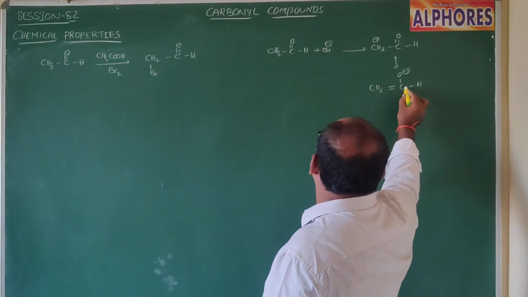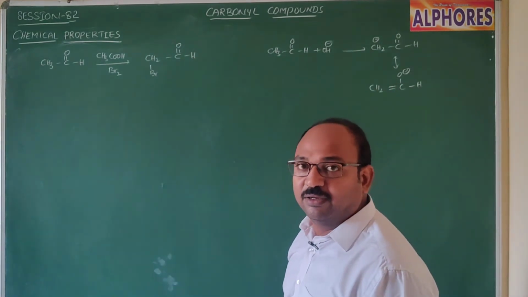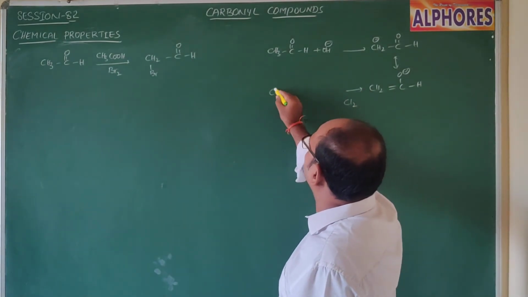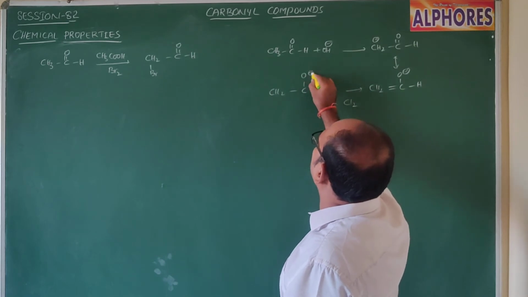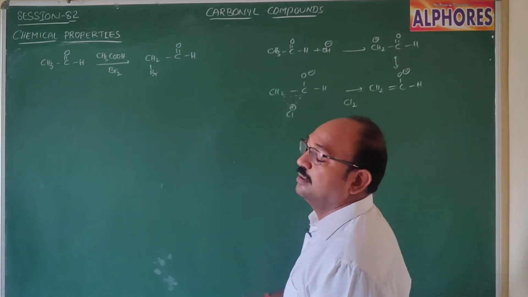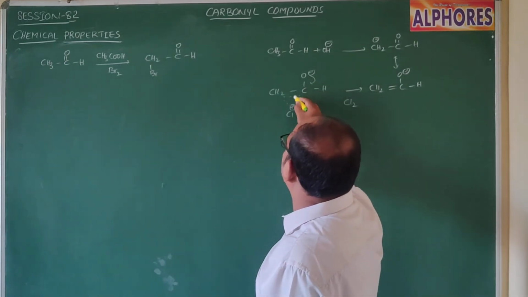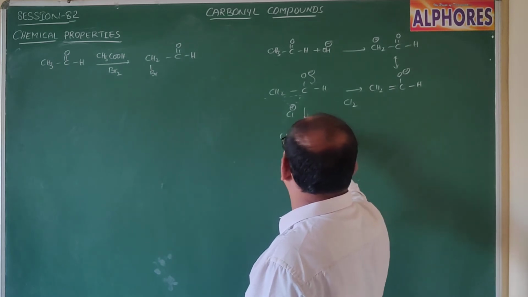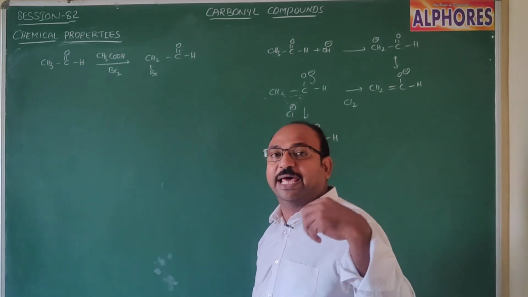Actually, what happens after formation of this enolate ion, the Cl2 has to come towards it, and there will be formation of a three-membered chloronium ion like this. Upon reversal of this charge, this Cl will be shifted here, CH2Cl C double bond OH. But there is no direct displacement.